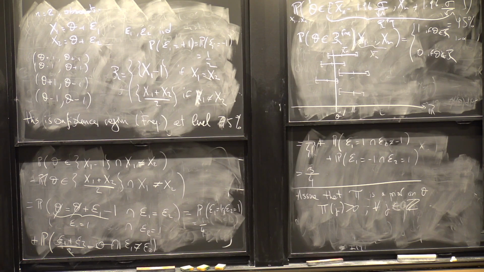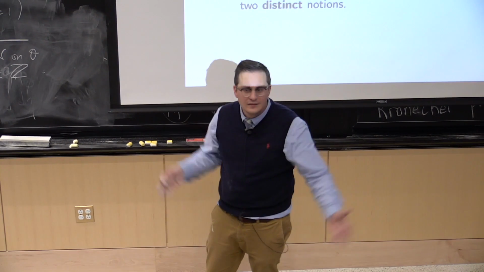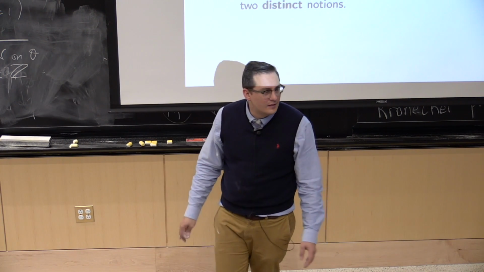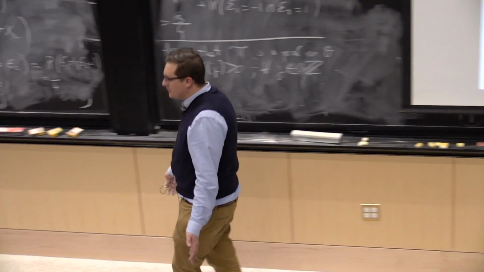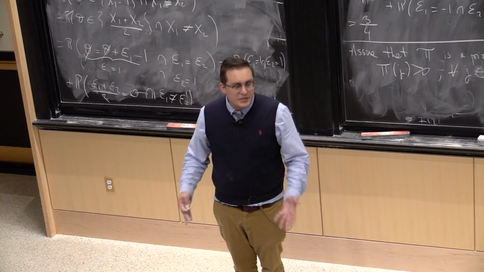So that's a pretty weak assumption on my prior. I'm just assuming that theta is some integer. And now let's build our Bayesian confidence region.